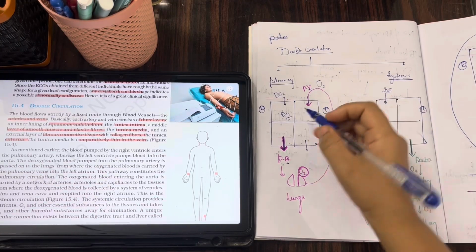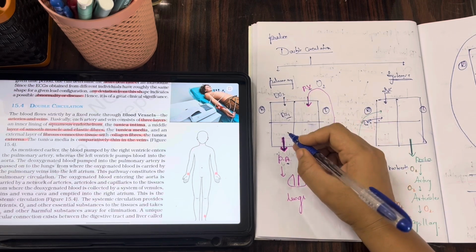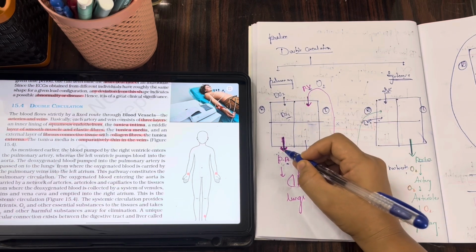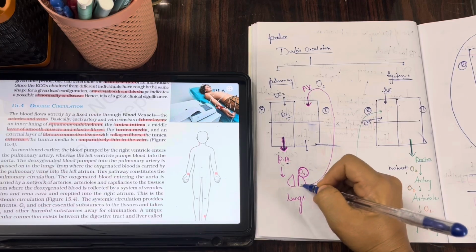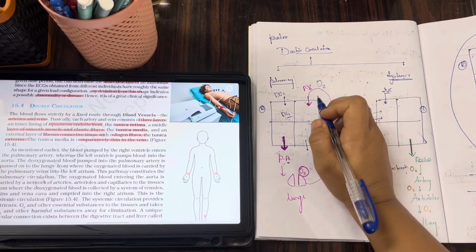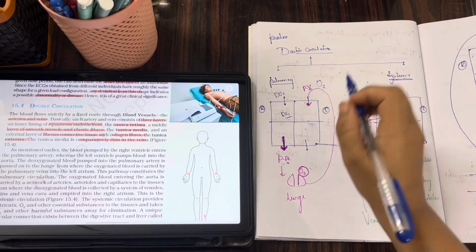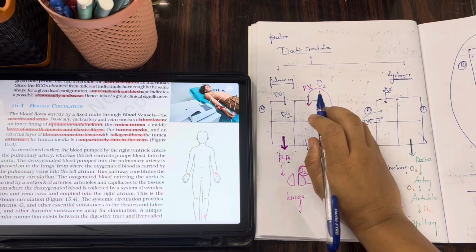In pulmonary circulation, you know that on the right side you have deoxygenated blood. It will be carried by the pulmonary artery into the lungs, and after oxygenation is taken back into the left atrium. This half pathway corresponds to pulmonary circulation.